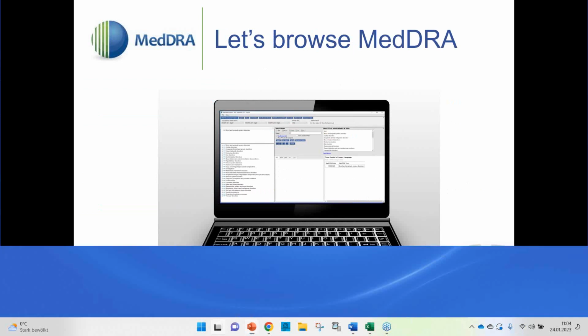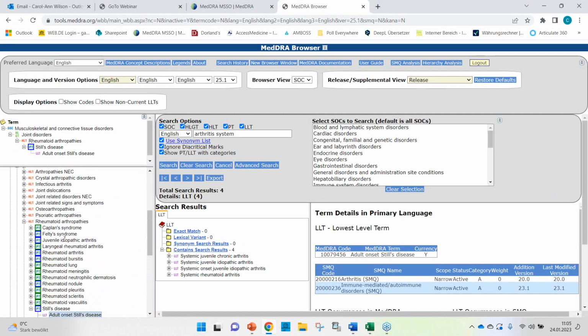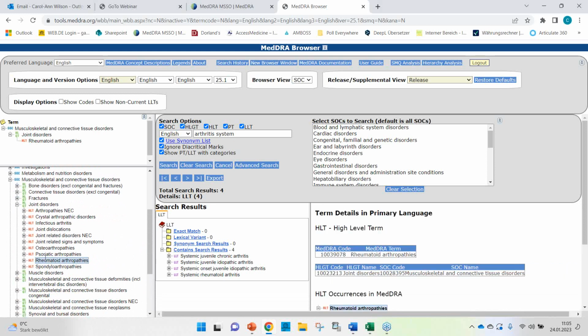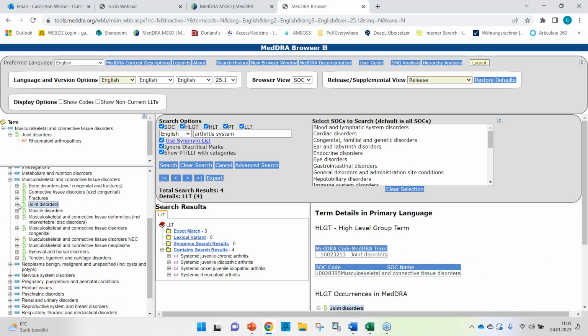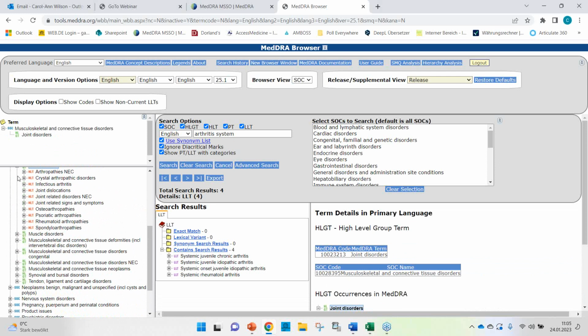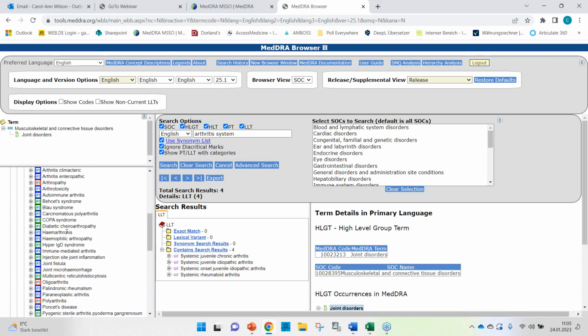Now let me show you in the browser. Again, here we are in the musculoskeletal SOC still. Let me close this HLT and look into the joint disorders. If we go to the arthropathies, NEC, not elsewhere classified, we see the arthritis. Here we had the monarthritis.